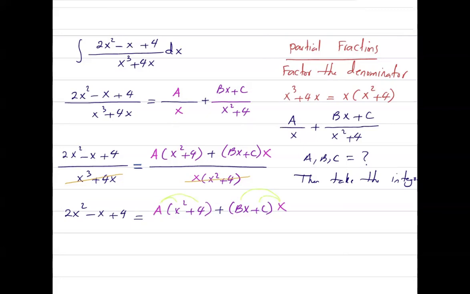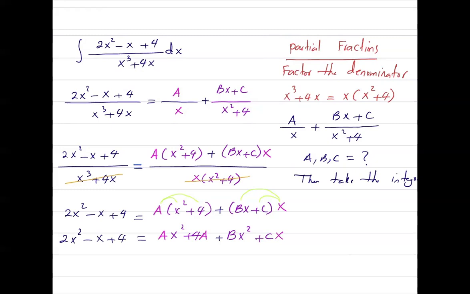So I end up with A times x squared plus A times 4 plus Bx times x, which is Bx squared, plus C times x. And on the left-hand side, you have this quadratic expression, 2x squared minus x plus 4.